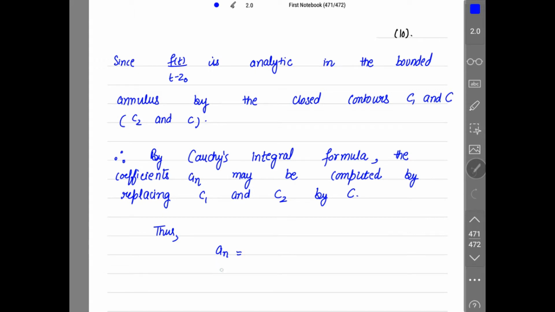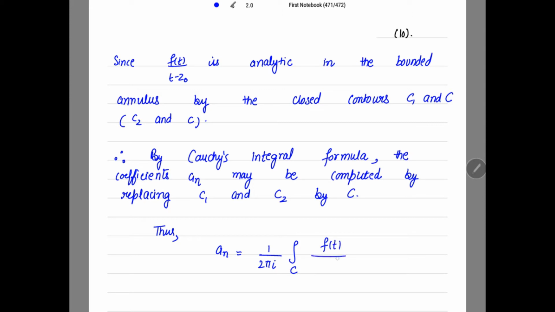Thus, an is equal to 1 over 2 pi i times the integral, not on c2 but replaced by c. C1 can be replaced by C, C2 can also be replaced by C. We can compute this an by replacing this by C.